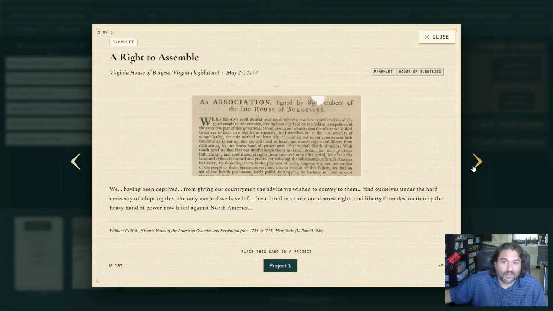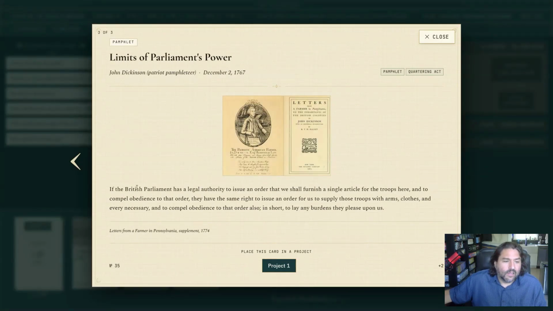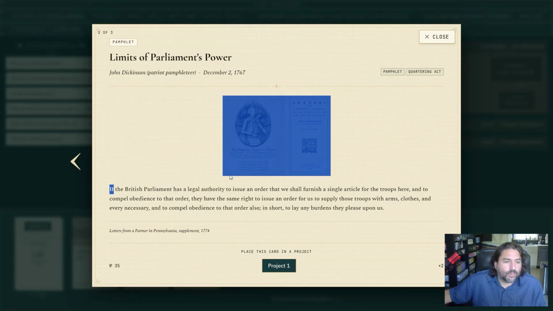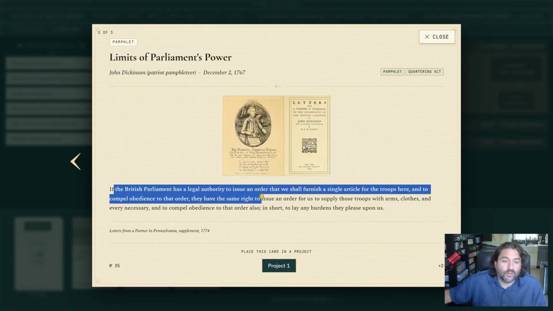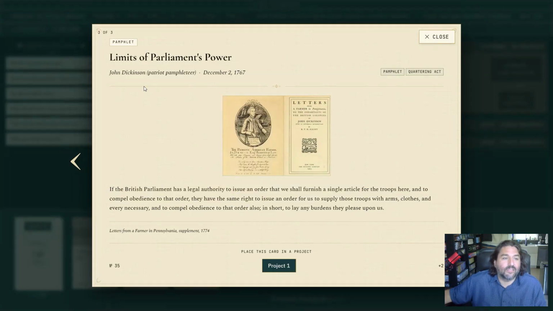Yeah, definitely political. And then we have one about whether the British Parliament has legal authority. Oh, yeah, definitely political. John Dickinson, yeah. Not really unified, so I would not be able to get a times 2 bonus for matching key component parts of it.